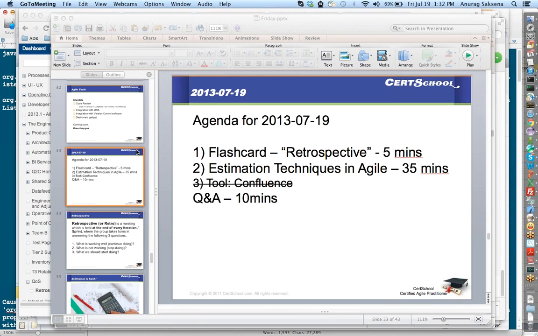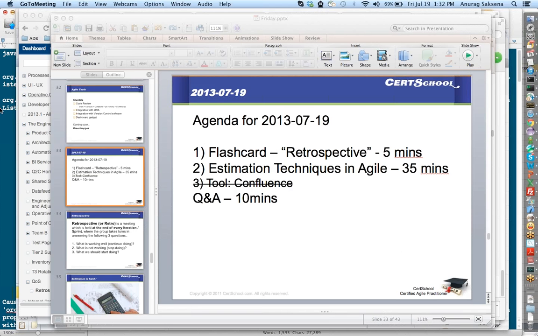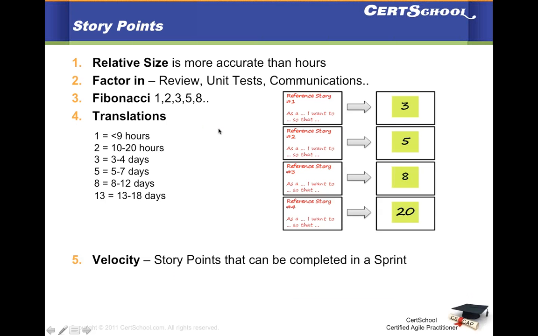Okay, so follow-up question on that. Is this estimate for one person working on this story? No, the estimate is the total estimate. You can have stories on which there may be more than one developer working, more than one QA engineer working.